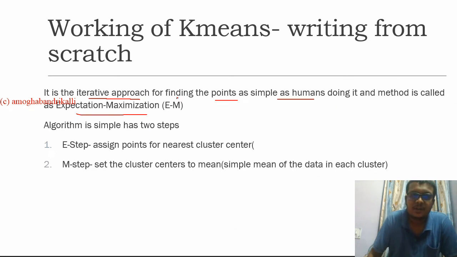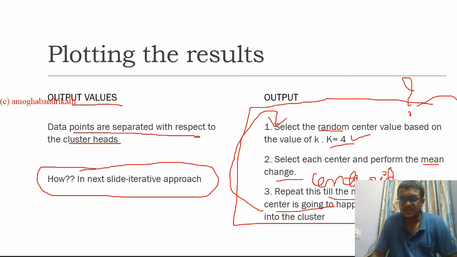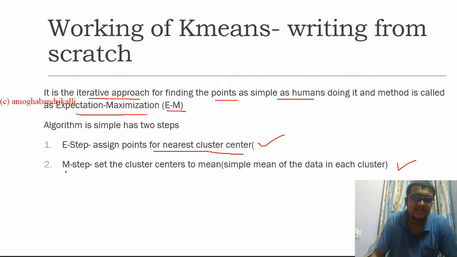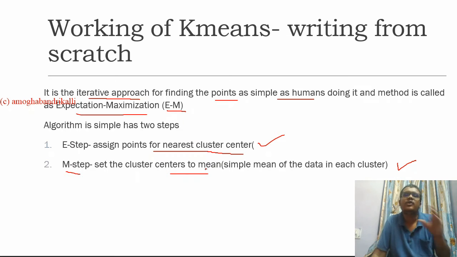Here EM actually means that it performs these two tasks. E step: assign points to the nearest cluster center, which is what the second point tells you. There is another step called M step: set the cluster center to the mean. So you are performing an operation called mean on the data for each cluster.